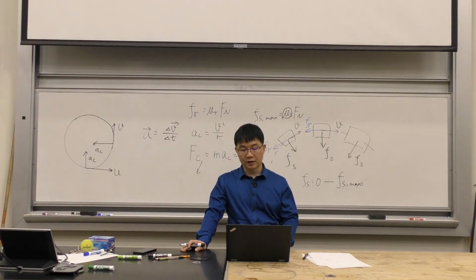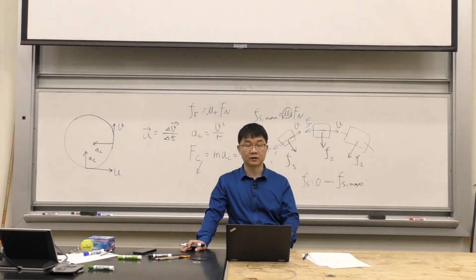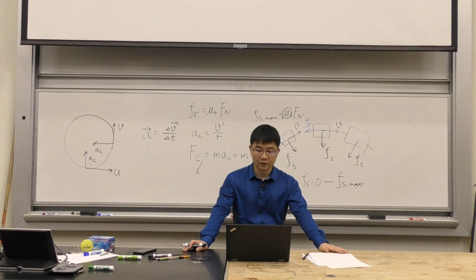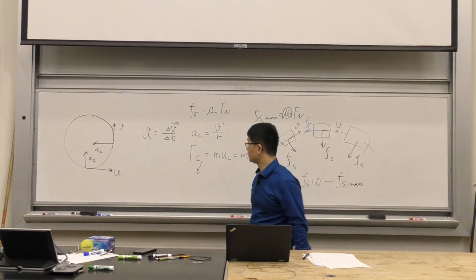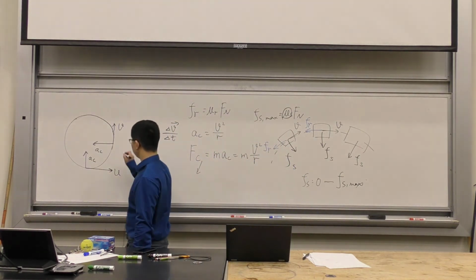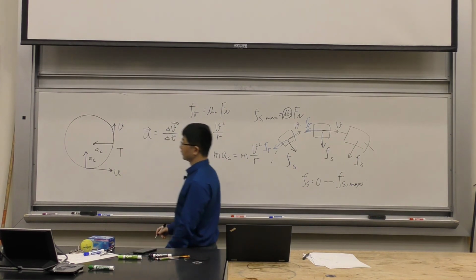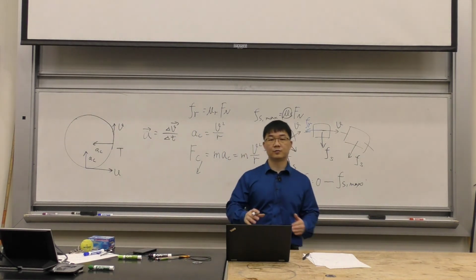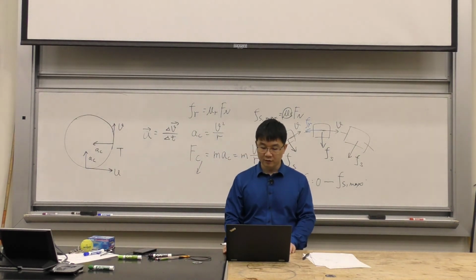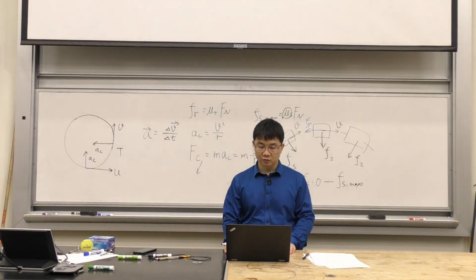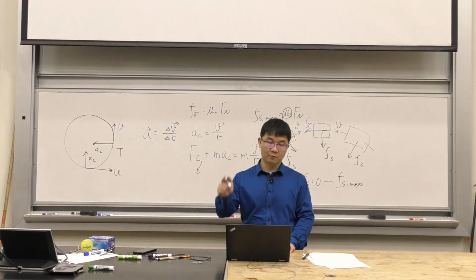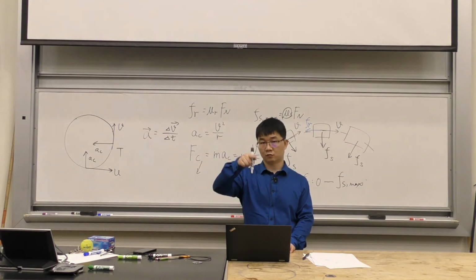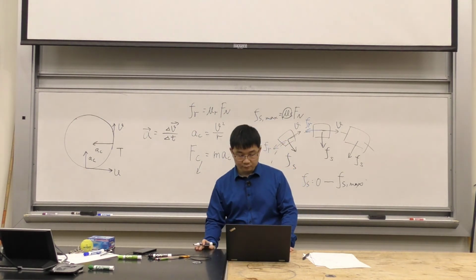We call the time for one complete revolution the period, and we usually use the symbol big T for the period. It's still a time, but a very special time: the time for anything in uniform circular motion to complete one full circle.